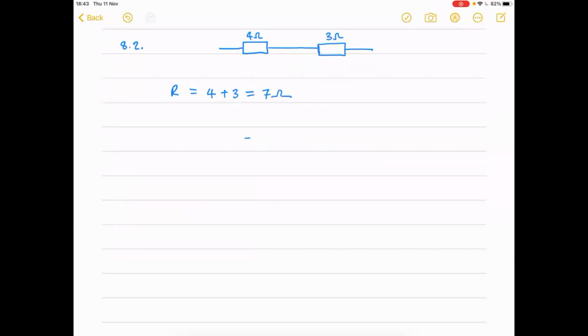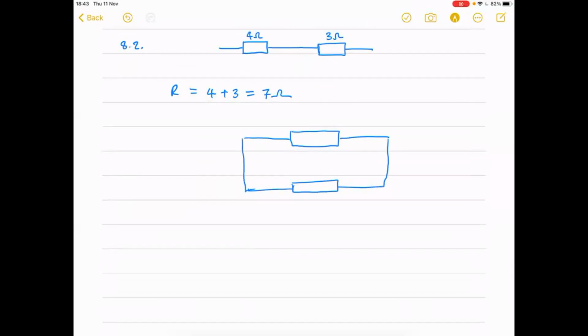So now I can redraw my circuit for just the resistors. So that's the 7 ohm that's in there, and this is the one that we just did. I'm not drawing the rest of the circuit.